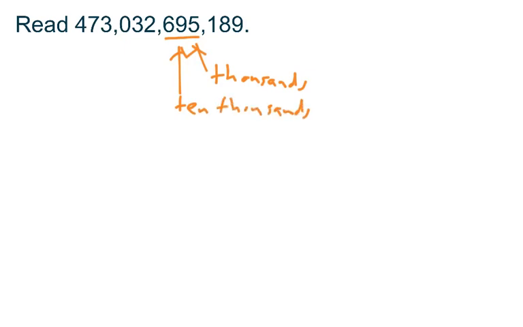And we call this place the hundred thousands. And I want to emphasize in here that we talk about 10,000s and 100,000s. Look at how this connects into what we would be doing in the units group.